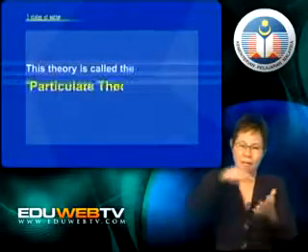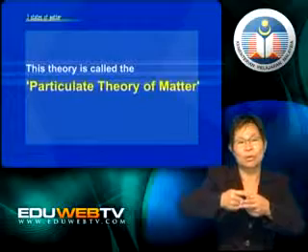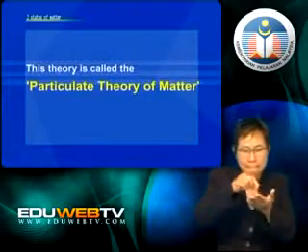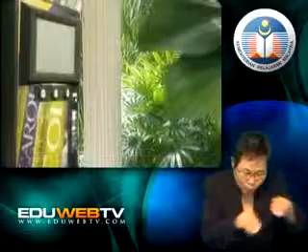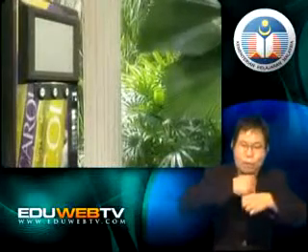Scientists now explain that the three states of matter, solids, liquids, and gases, are different because of the differences in movement and arrangement of their particles. This theory is called the particulate theory of matter. It states that matter is made up of particles which are constantly moving in a random manner. As the particles move, they possess kinetic energy.